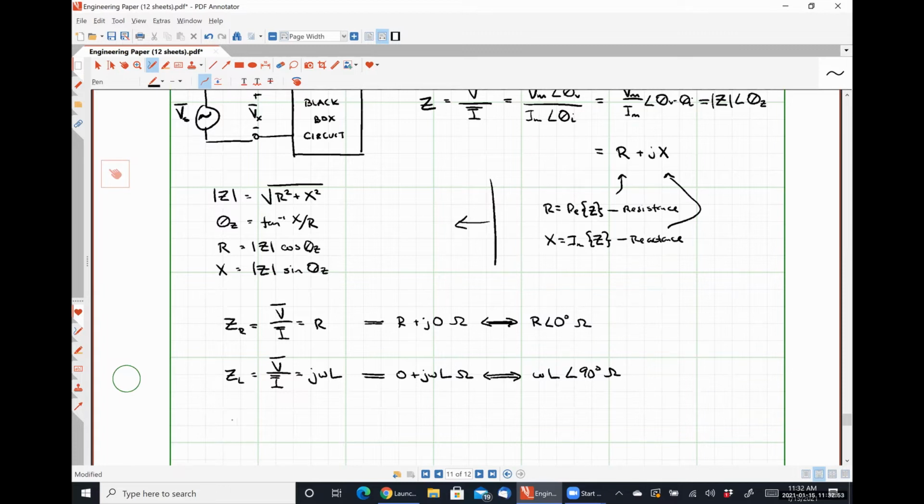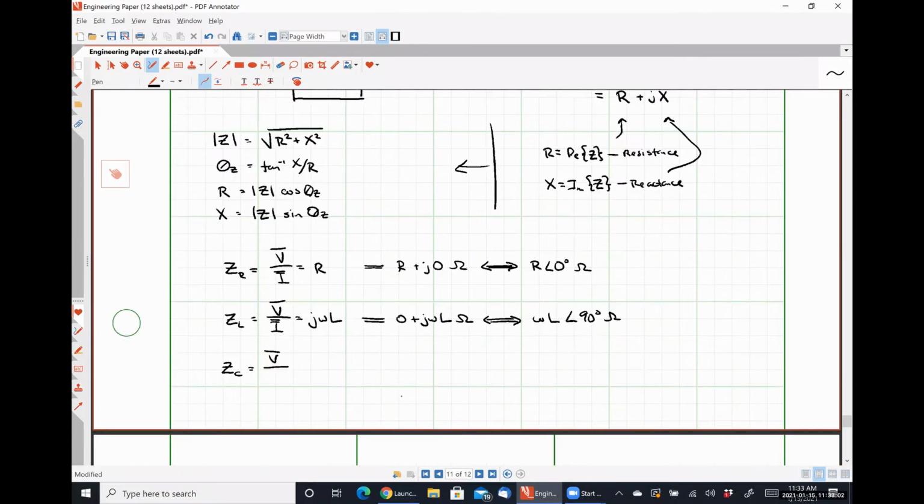And lastly, for a capacitor, the impedance is given by 1 over j omega C, which looks like 0 minus j divided by omega C ohms in rectangular form, or 1 over omega C angle minus 90 degrees ohms in polar form.